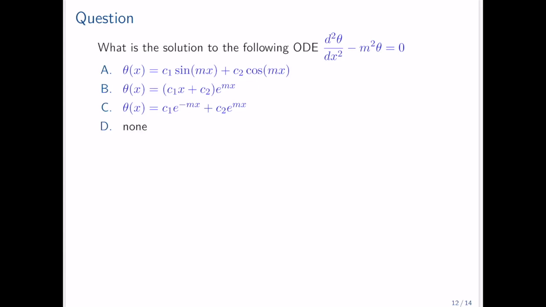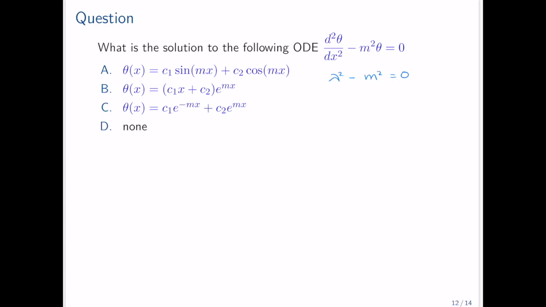If you remember from your differential equations class, this is a second order constant coefficient equation. So the auxiliary equation is lambda squared, because of the second derivative, minus m squared equal to 0.